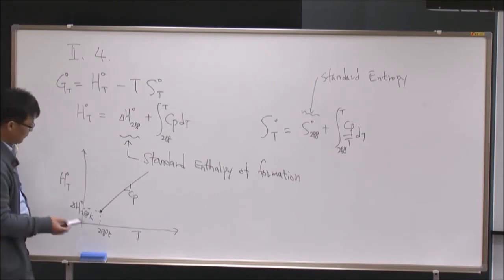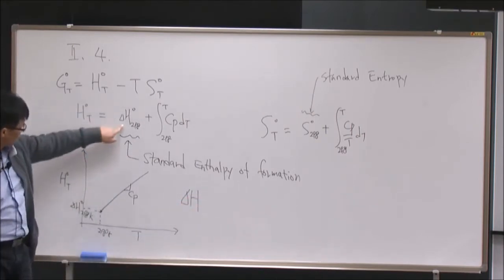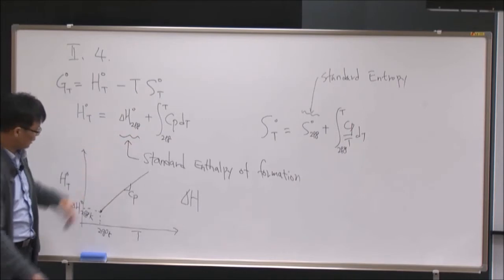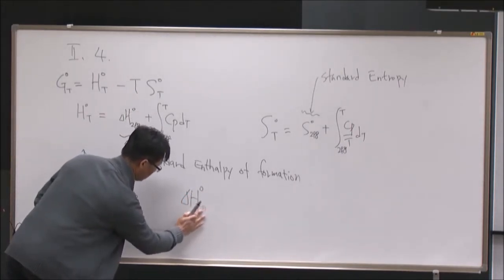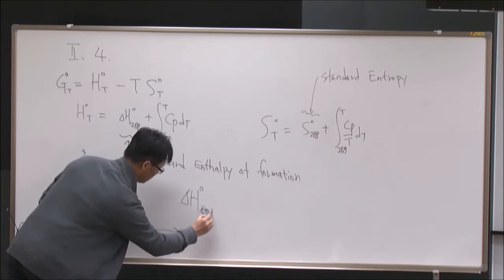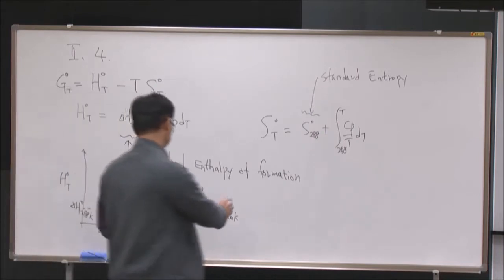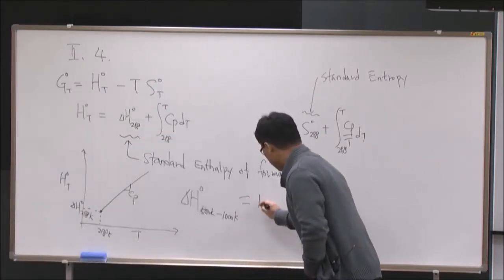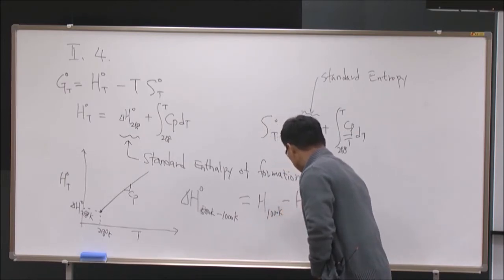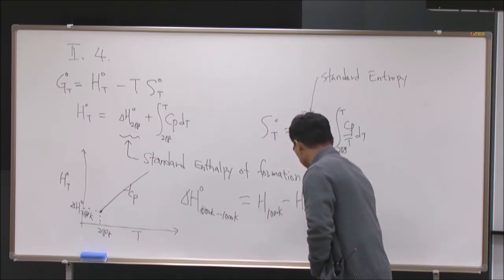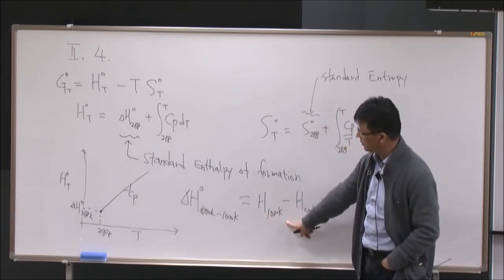And now, if somebody says, okay, I want to calculate delta H, this is different, not delta H 298 Kelvin. Delta H from a temperature, for example, 500 Kelvin to 1000 Kelvin. So this means H at 1000 Kelvin minus H at 500 Kelvin.